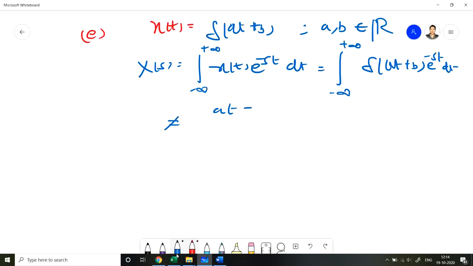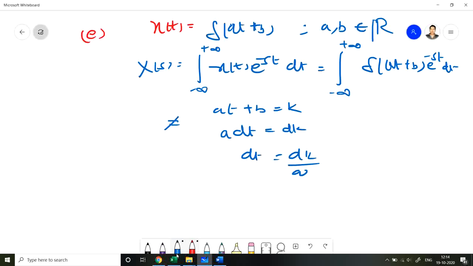Now put at plus b equal to k. So we have a dt equal to dk, which gives dt equal to dk divided by a.